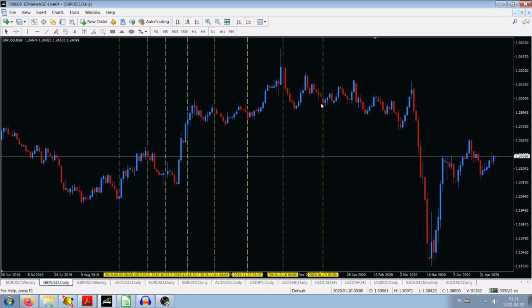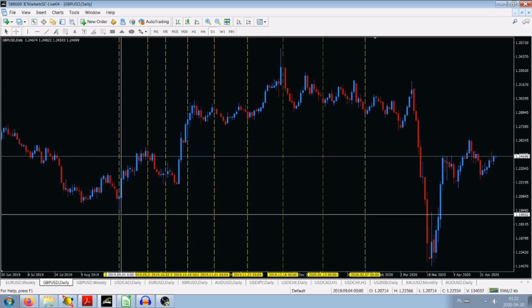Next one is 111. I do it this way. 111 comes to over here. This red baby. So let's mark it. Here we go. Local bottom again. Next number, 133.